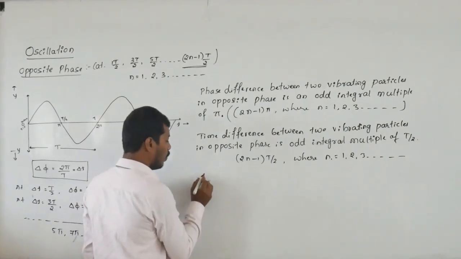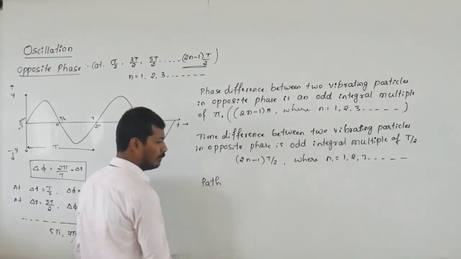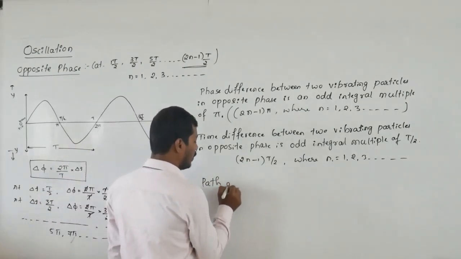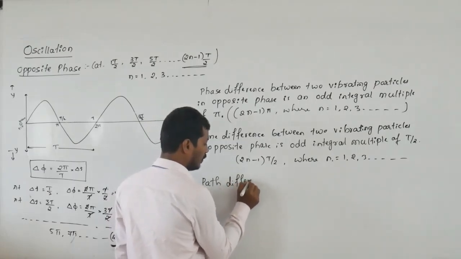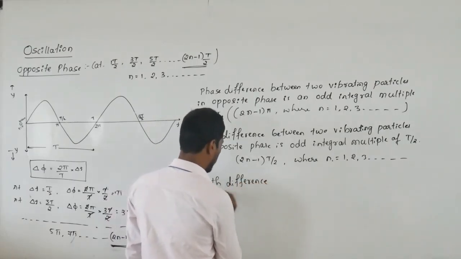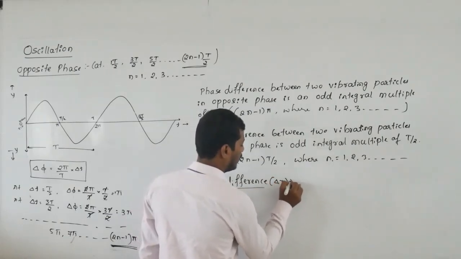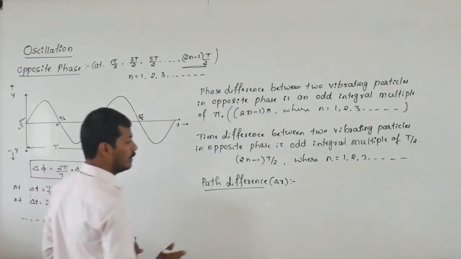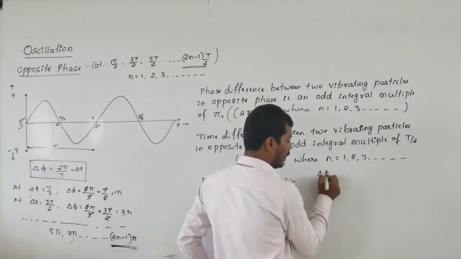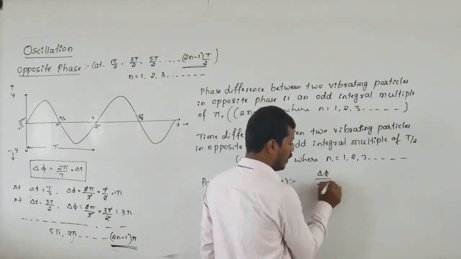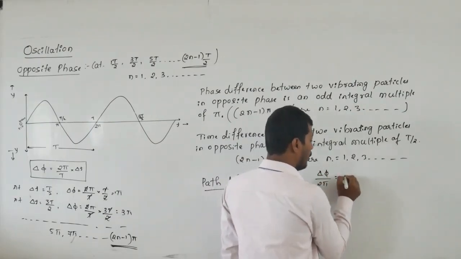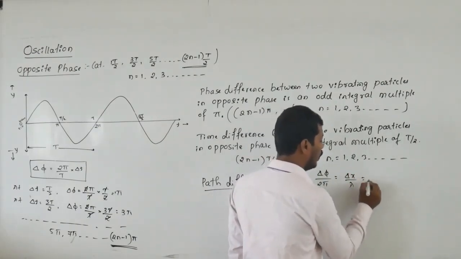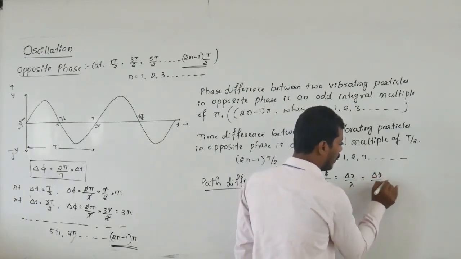Then last one is, what about the path difference? Path difference depends on the displacement of the particle. The path difference is delta x. Already you know one form: phase difference divided by 2 pi is equal to path difference divided by lambda, which is equal to time difference divided by time period.